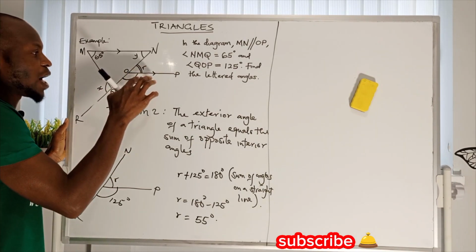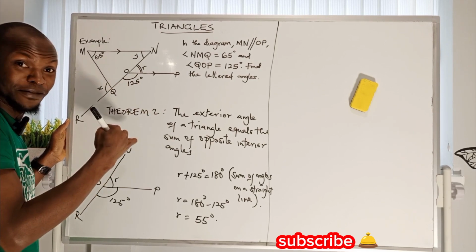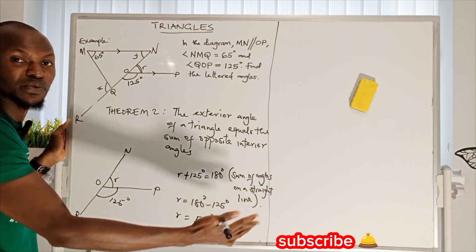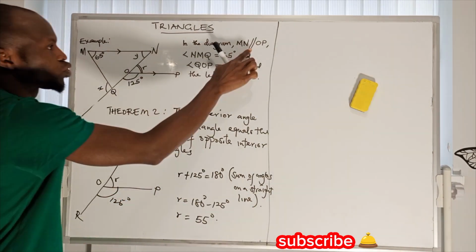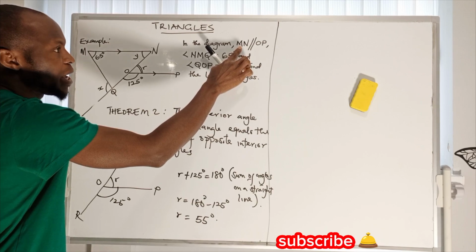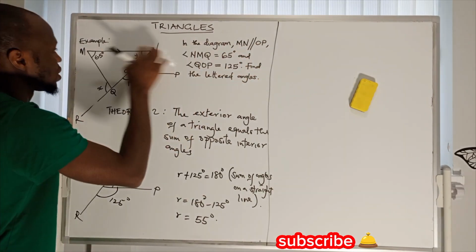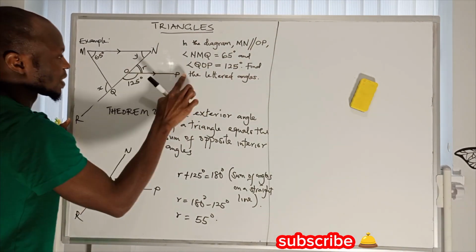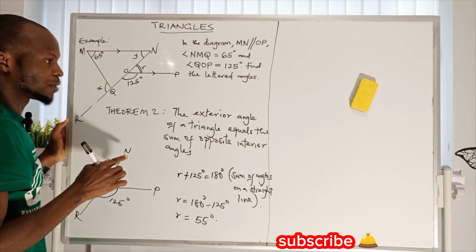But if you check this diagram again, I'm referring back to my previous videos so that you can understand all these theorems which we have discussed earlier. We have been told that line MN, which is this line, is parallel to line OP, which is this line. So this line and this line are parallel.